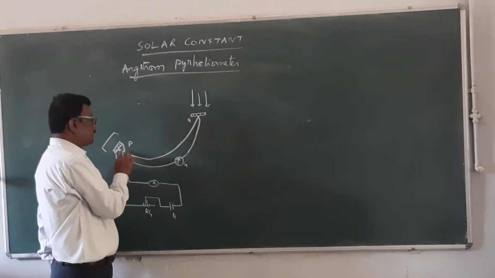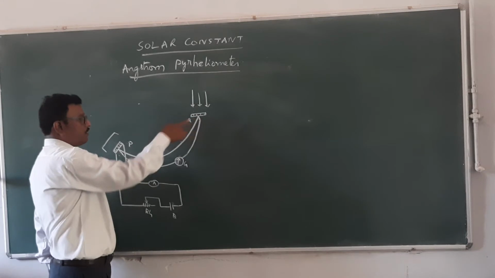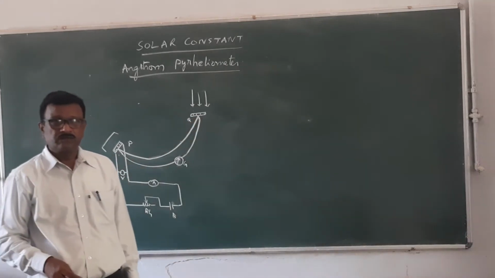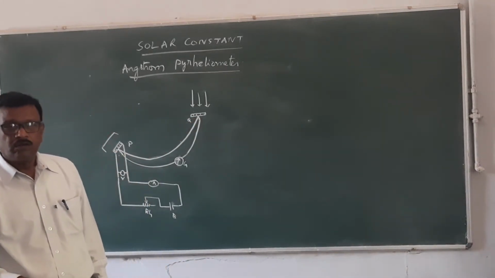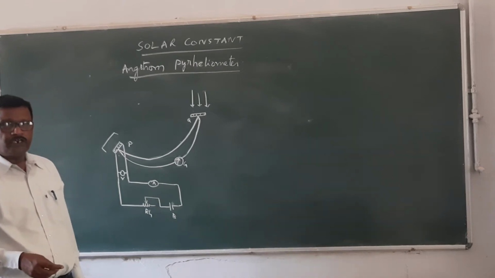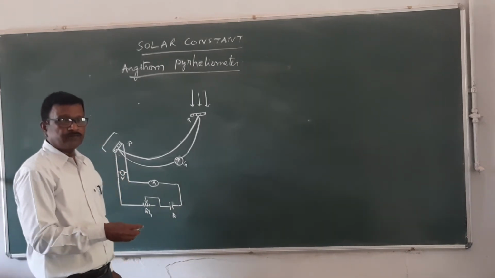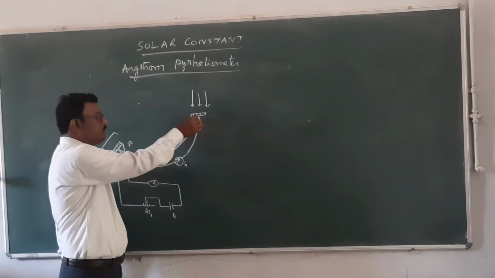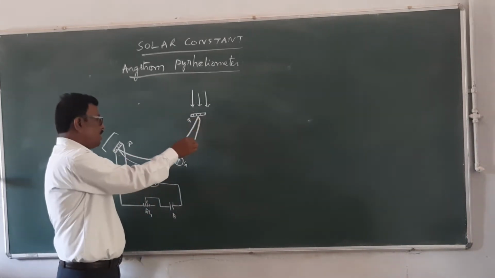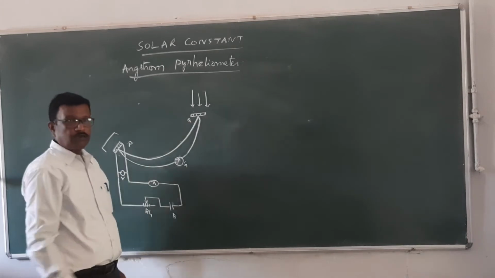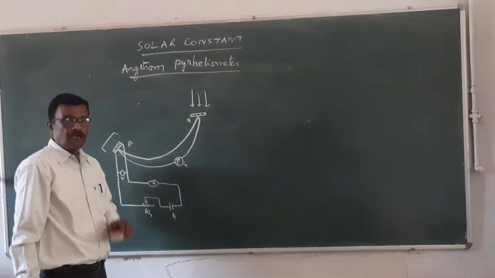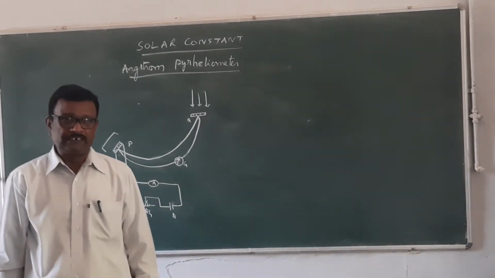Due to the temperature difference between the junctions of the thermocouple, by the Seebeck effect, an EMF is produced between the two junctions and current passes through the thermocouple. As a result, the galvanometer shows deflection.